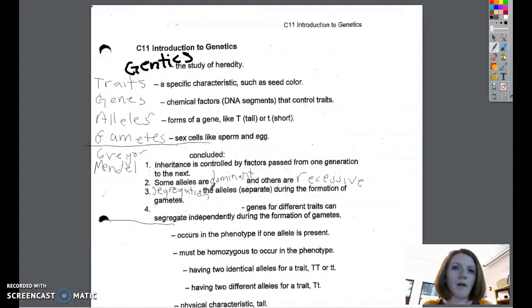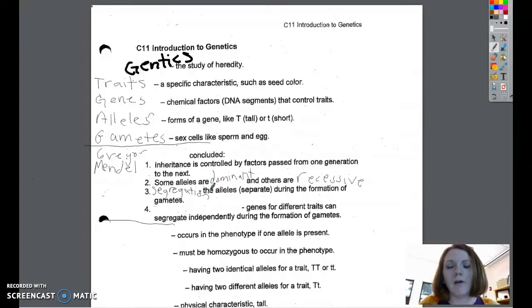And so independent assortment lets us know that the genes found in each sperm cell or in each egg cell, during the formation of those, are going to split independently of one another.